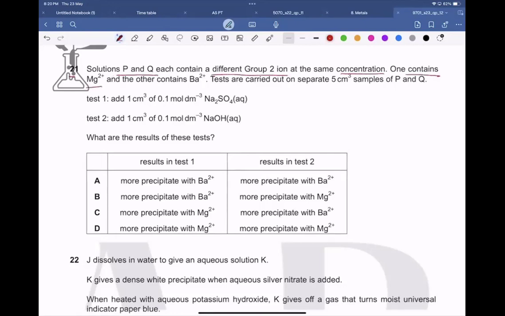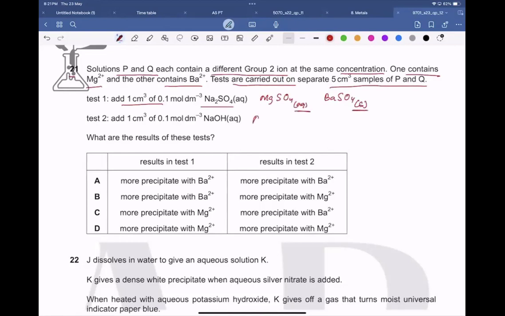One cation is Mg2+ and the other is Ba2+. Tests are carried out on separate 5 cm cube samples of P and Q. Add 1 cm cube of 0.1 mol per dm cube sodium sulfate. So if sodium sulfate has been added, then we get magnesium sulfate and barium sulfate. If you recall the solubility, the sulfate solubility decreases down the group. So that's why barium sulfate is going to be formed as a precipitate, and magnesium sulfate is relatively soluble.